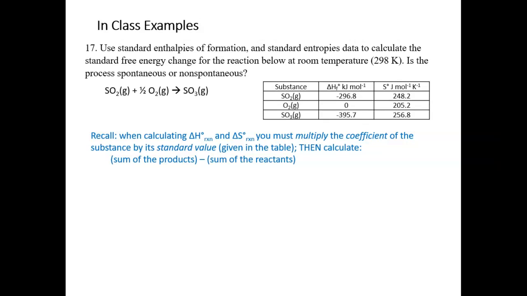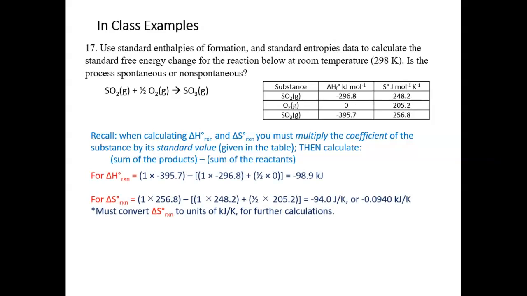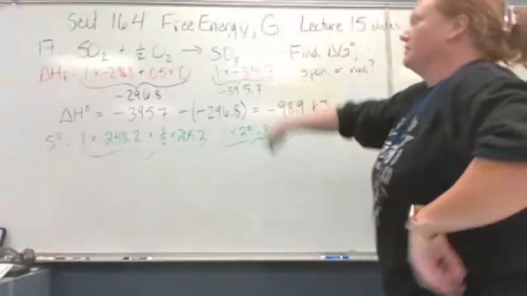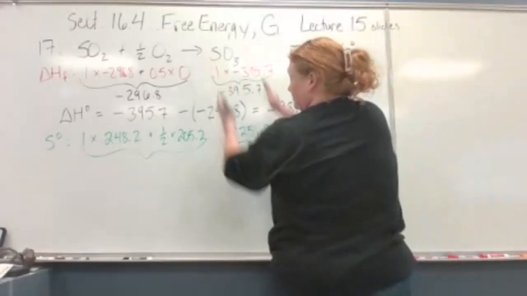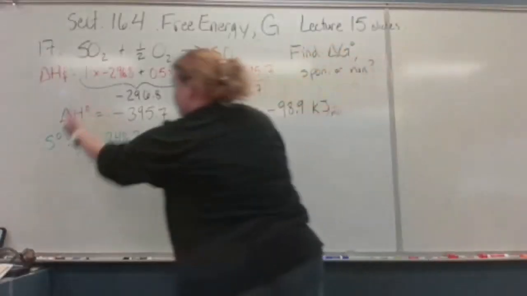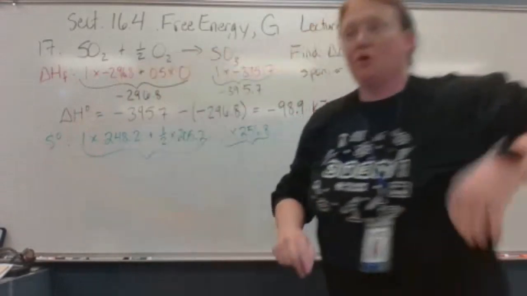Oh, okay, and then my SO3. I'm going to have this total, and then I'm going to have my product total, 1 times SO3. That's 256.8. I'm going to have that total. Products minus reactants, right?